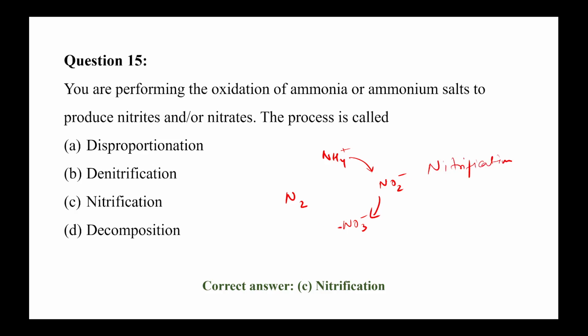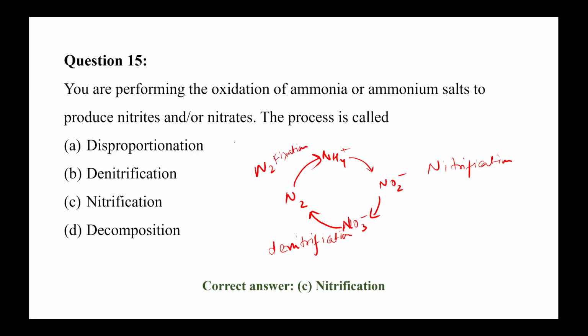The process of conversion of nitrates to nitrogen is a reduction reaction, and this process is called denitrification. And the process of nitrogen to ammonia conversion is called nitrogen fixation. Okay, so this is a part of the nitrogen cycle.